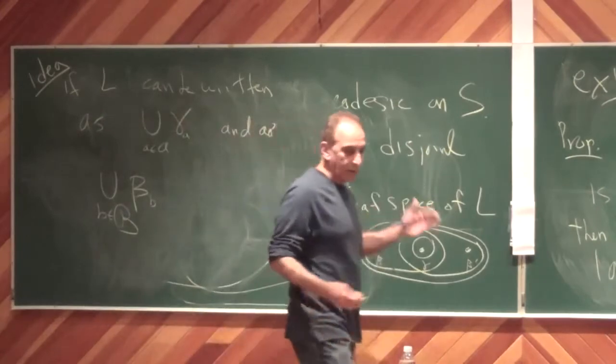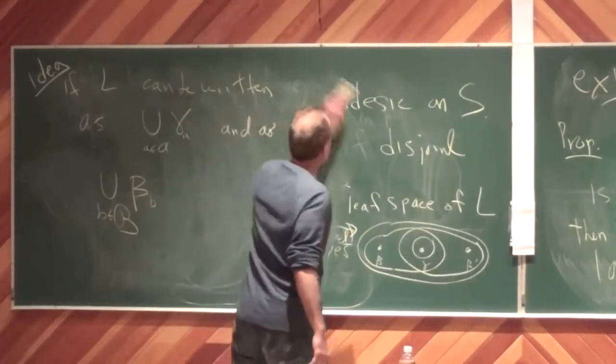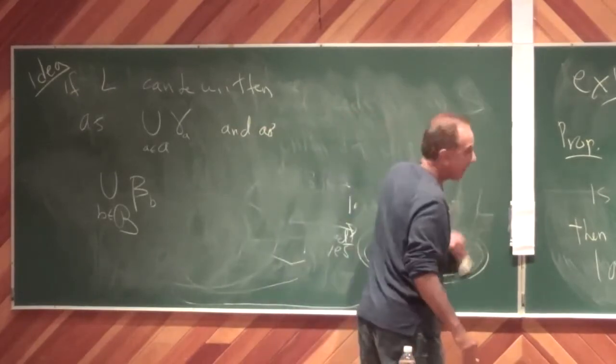So that's what it would mean if you had two different ways of writing that closed set as geodesic laminations.